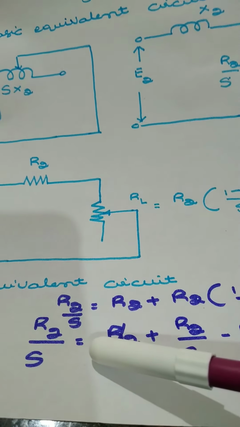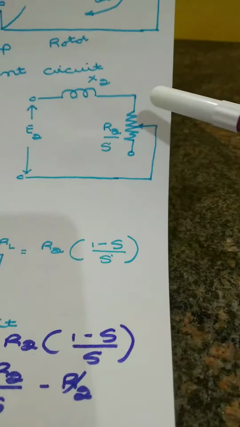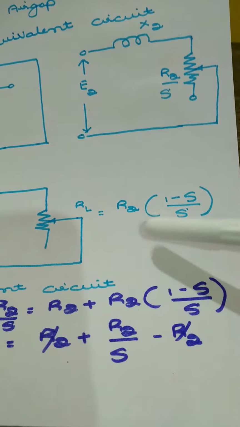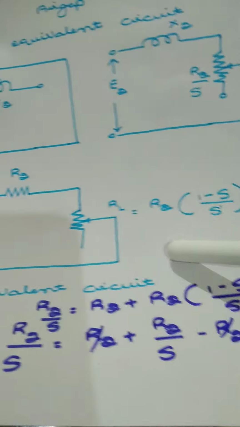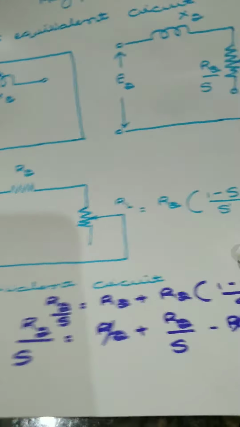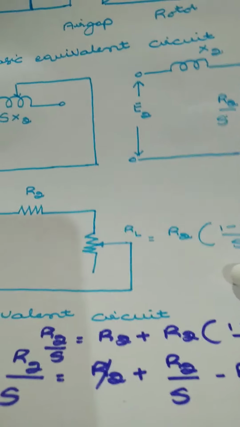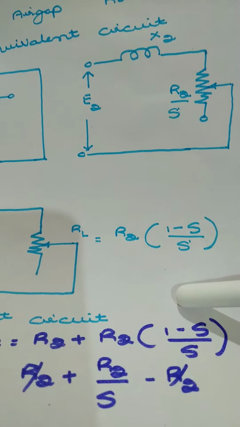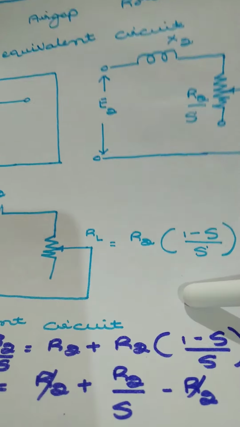That's why in this circuit diagram, R2 by S is split into two components: R2 and R2 into 1 minus S by S. Because when the slip is changing, the value of the load resistance is always changing, depending upon the value of slip, because slip is always changing with respect to the stator speed and the rotor speed.